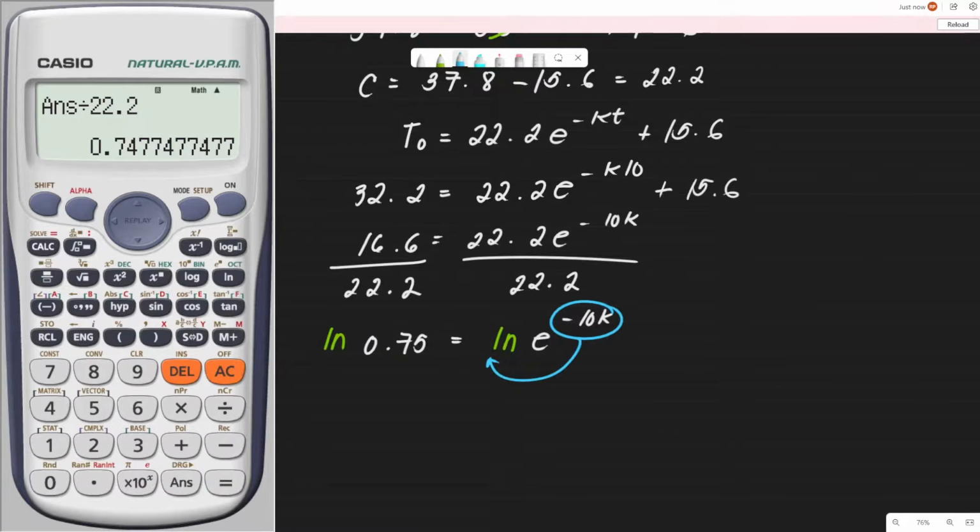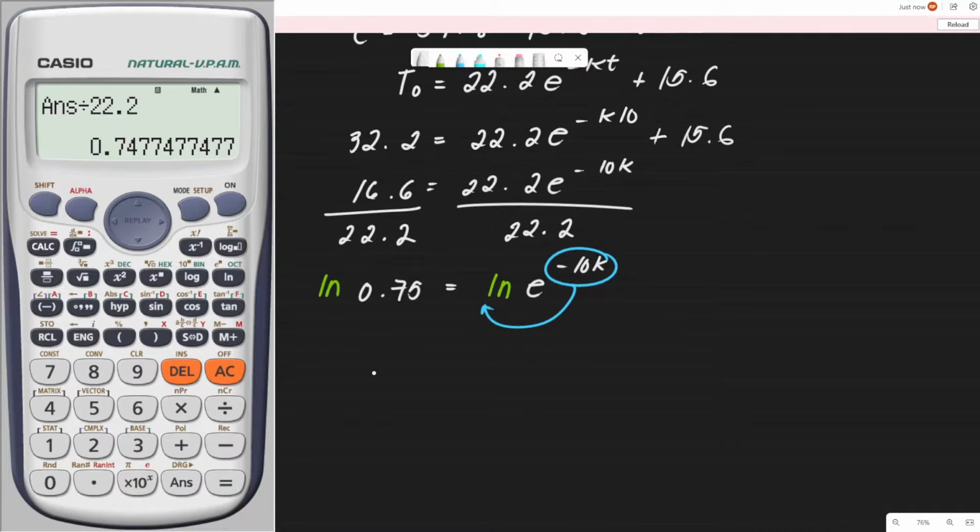Then ln e is equivalent to 1. So 1 times negative 10k is simply negative 10k. So we'll have negative 10k is equal to the natural logarithm of 0.75.